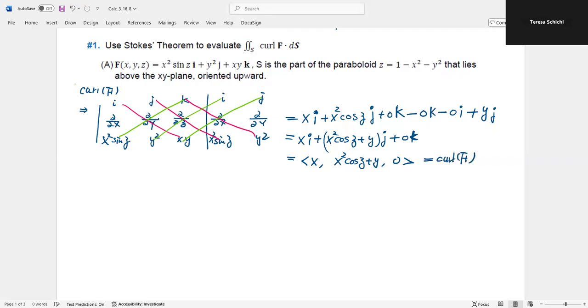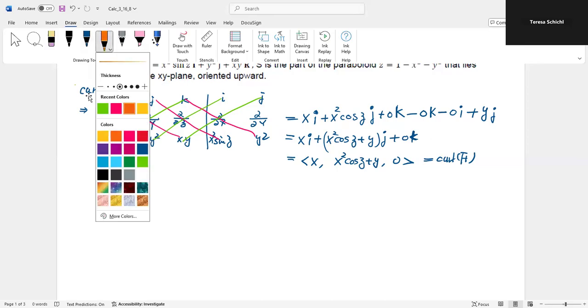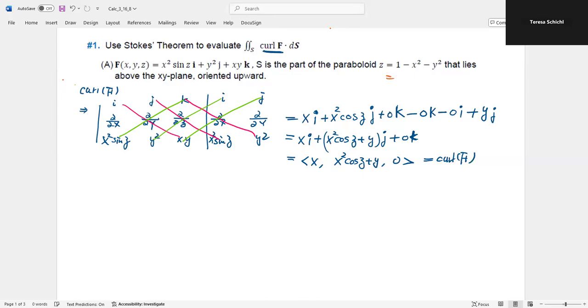Okay, now because I want to find the curl F dot dS, right? So the dS is here. Now remember we did it in the surface integration. We can just use the surface integration and try to do it. Let's see how. So the z, this one I can say this is my g(x,y) here. Correct?